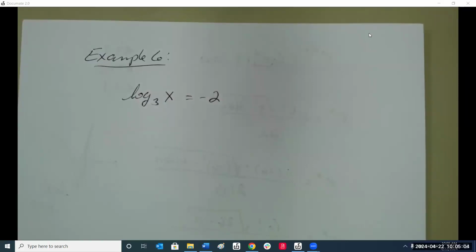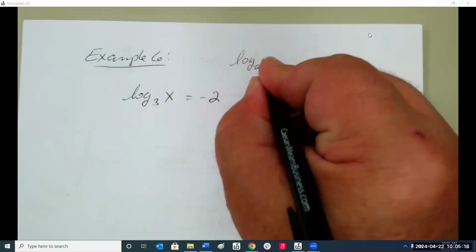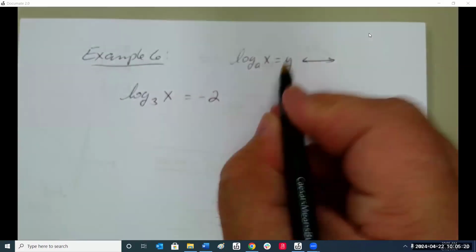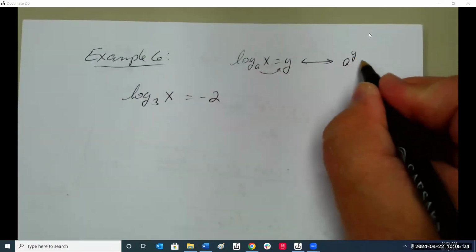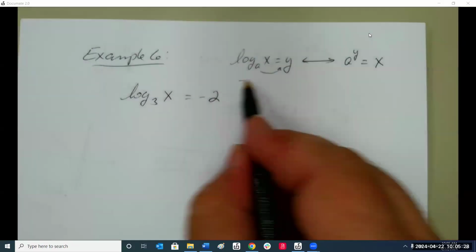We're solving for x. So what do we do? Right. We have to use a conversion. Remember our conversion rule. The base pushes up the answer, and the log drops off. This is the conversion rule.